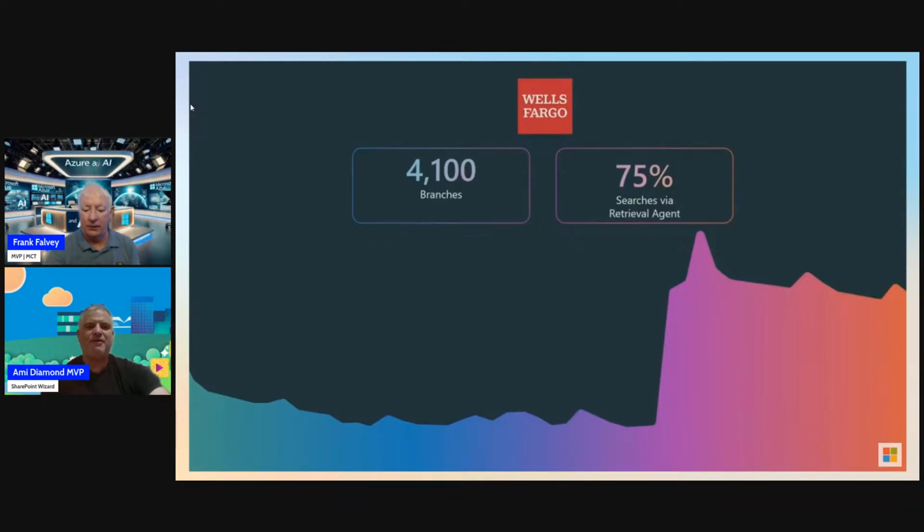I wonder if they use the pay-as-you-go model or if they give a license to everyone, or it might be a combination. Most probably pay-as-you-go, or some kind of fixed price, because of the number of employees and branches.